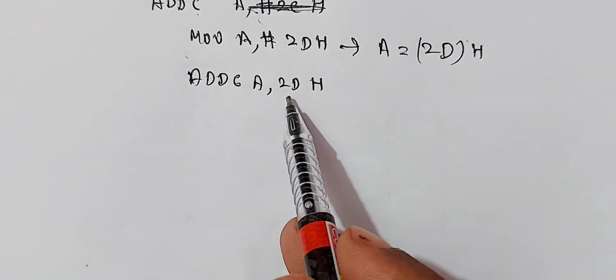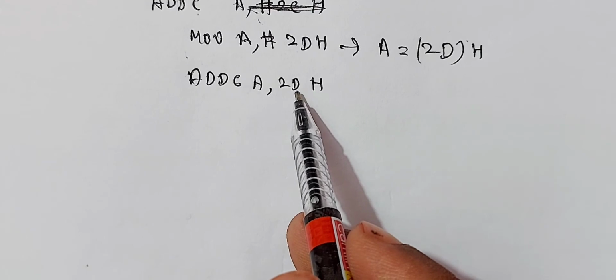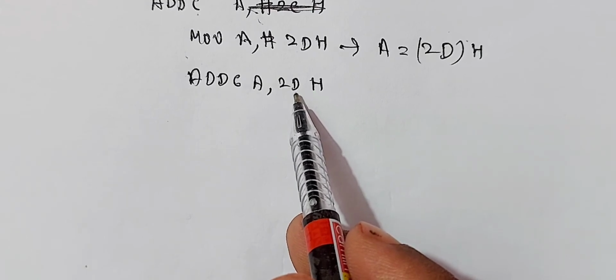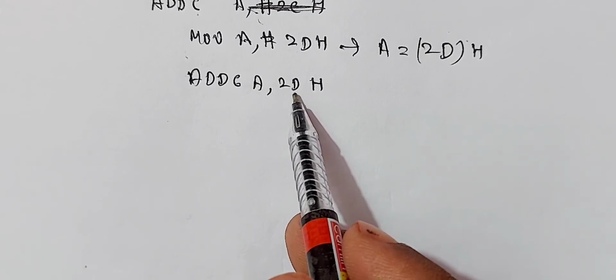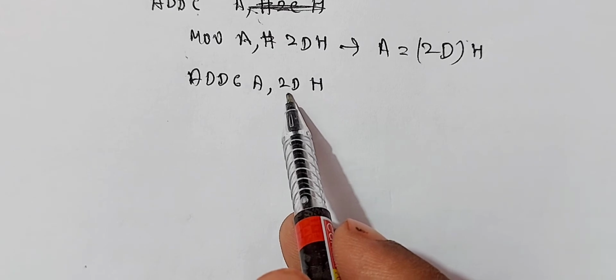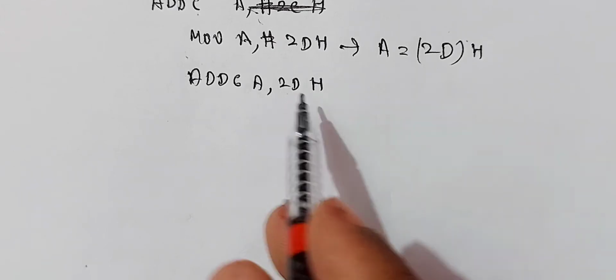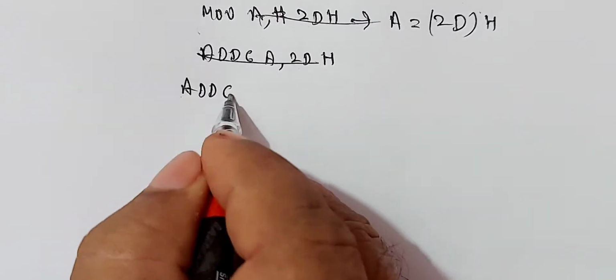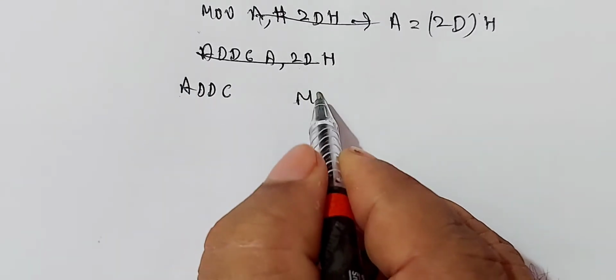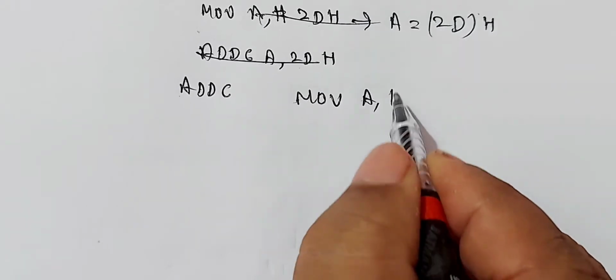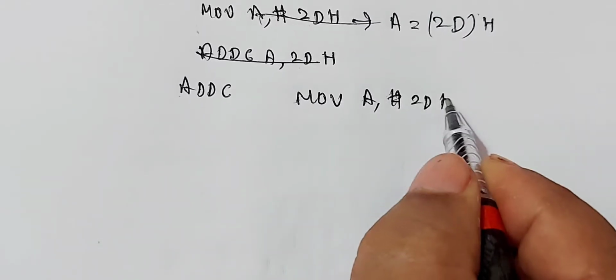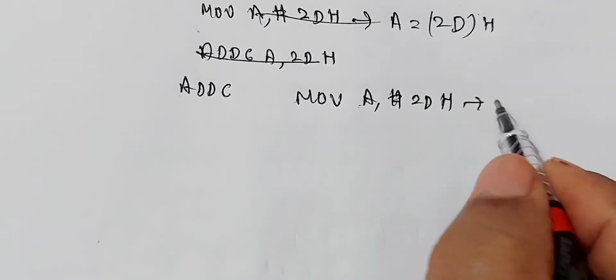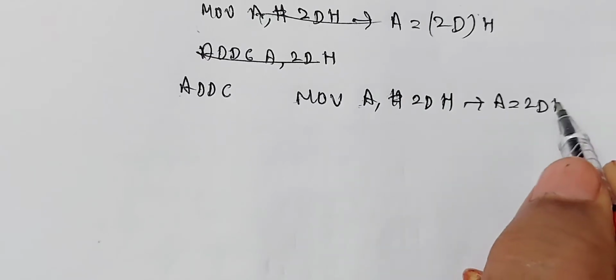Now, the content present in 2D, you can't write like this. ADDC instruction, how to use? Let us consider MOV A comma hash 2DH. 2DH is stored in A. The number A is equal to 2DH.